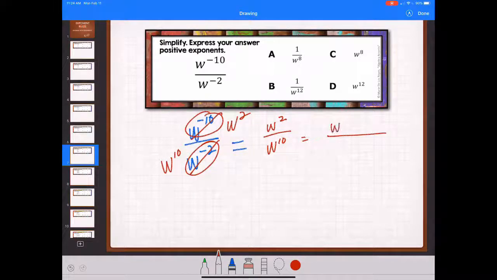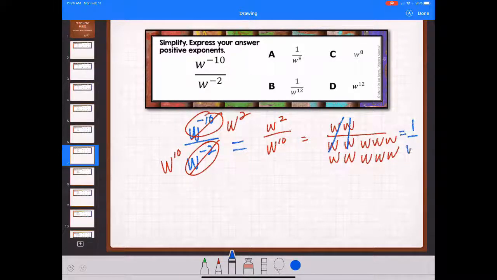And when I expand it, that's 2 w's here, and then there are 10 here in the denominator. This will cancel, and you have just 1 whole left in the numerator. And then we're going to count up all the w's again, so that gives me 8. So that's w to the 8th power.